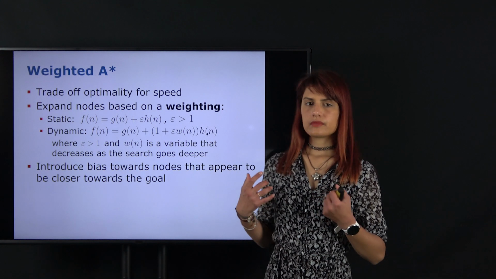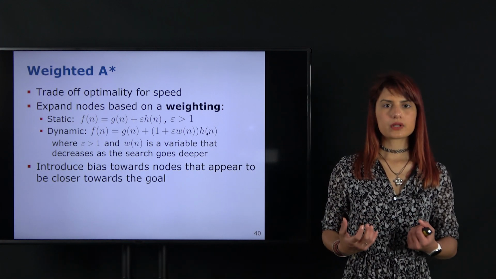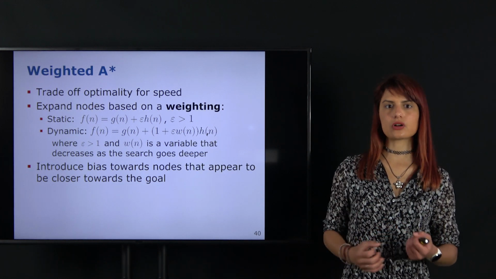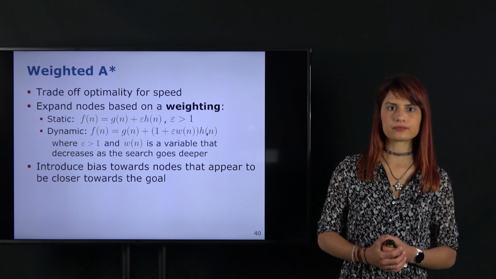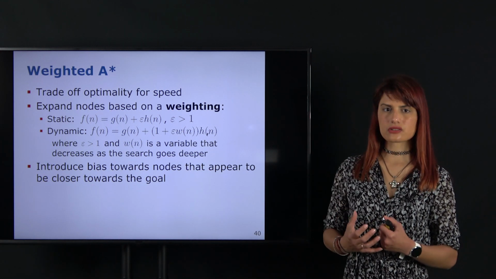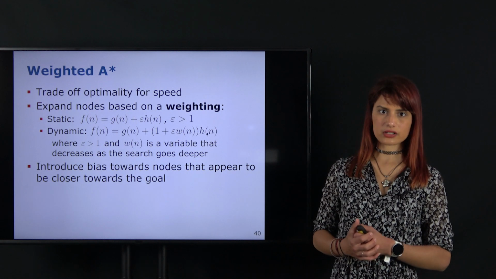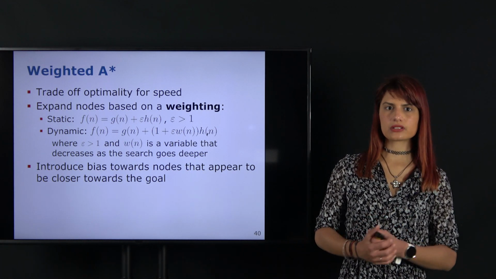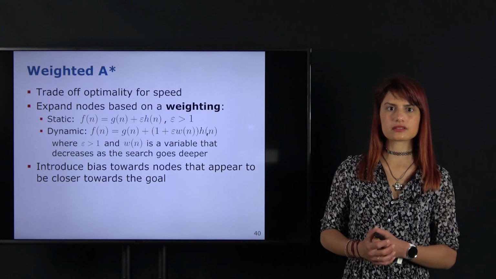And next we come to weighted A-Star, which thinks about the relationship between this accumulated cost and the heuristic values. So, is there a way of making the search more greedy at the beginning, for example? Or can we somehow tune the weights of this accumulated cost versus the heuristic cost?